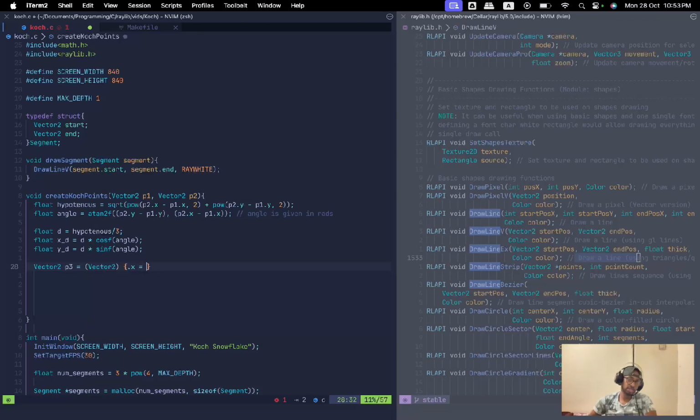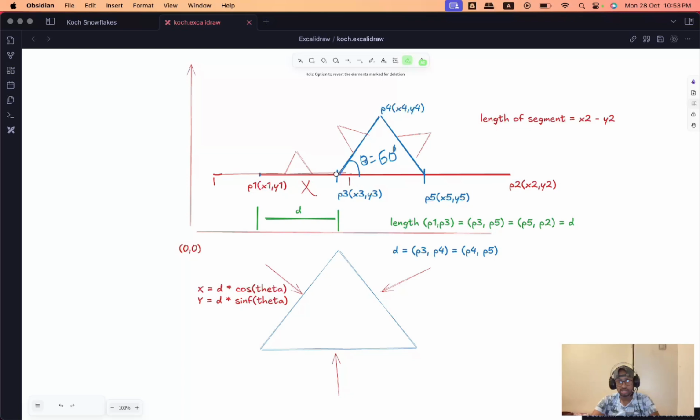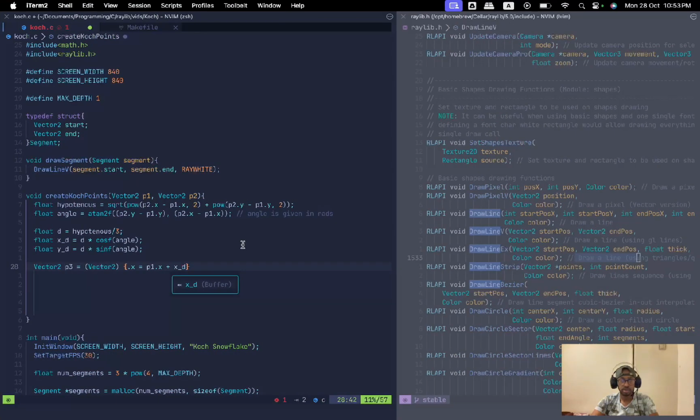The x value is P1.x plus the x component of D. So point P3 in the x direction is x1 plus x of D. Again, the y will be P1.y plus y of D.